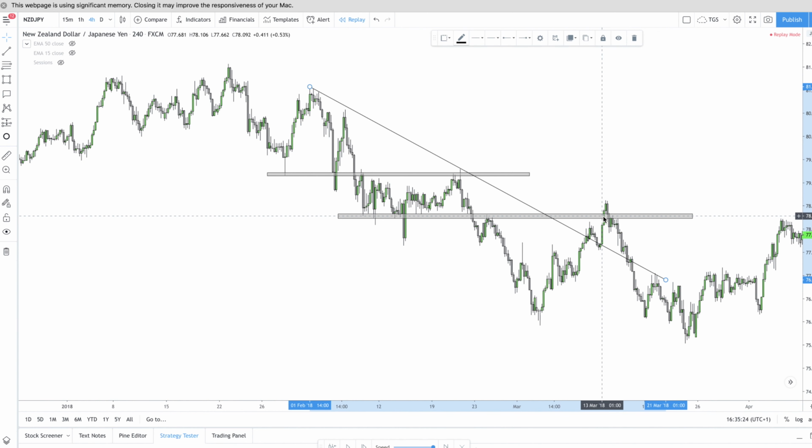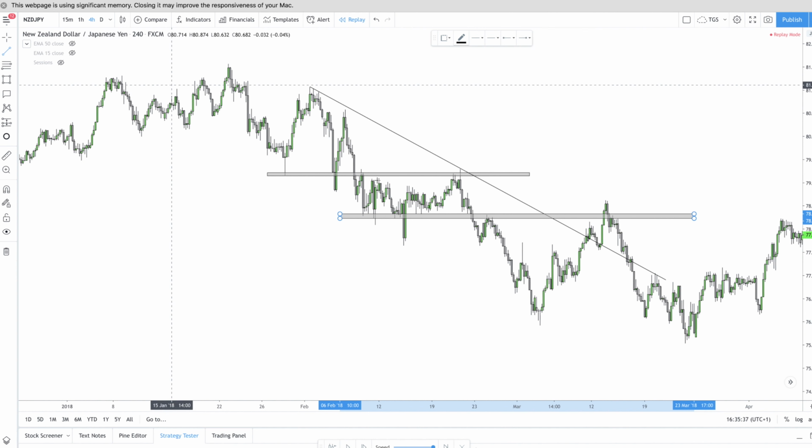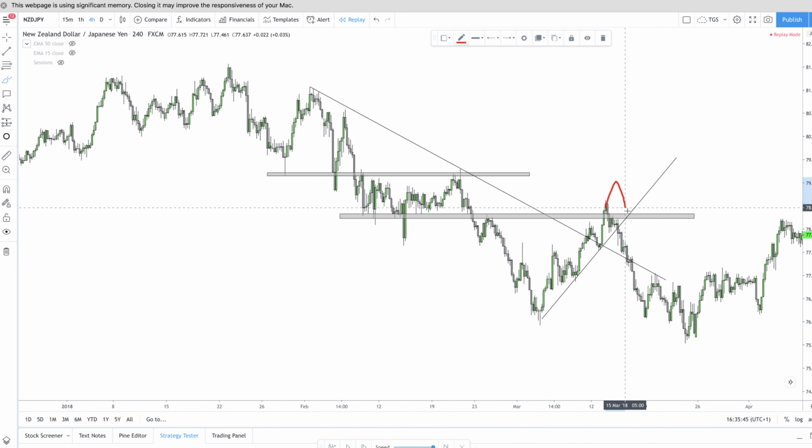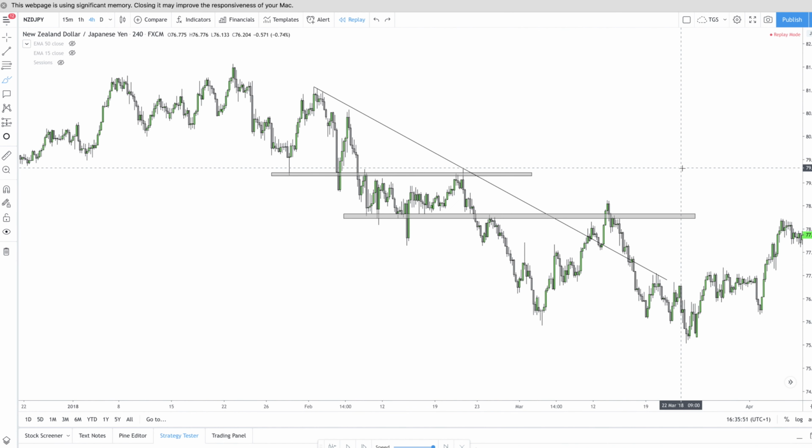So when this happens, I either want to see the price break back in and retest like so, and then drop, which she has, or a complete breakout of this level, and then start to form that new trend line. So it would be a bit like this. Complete breakout, pull back, and then away she goes. Something a bit like that. Okay. Not much of an artist.